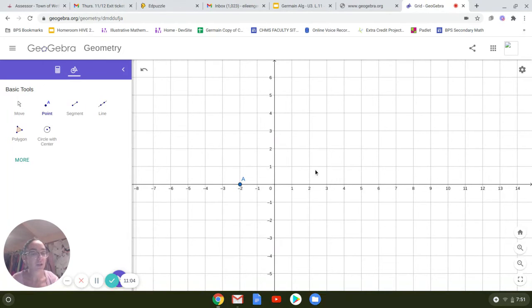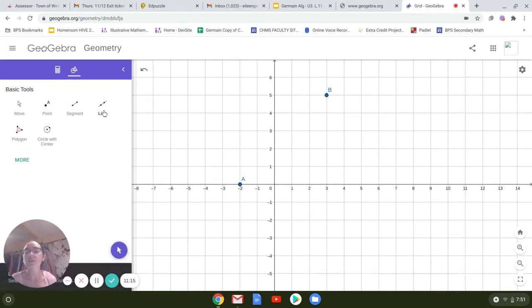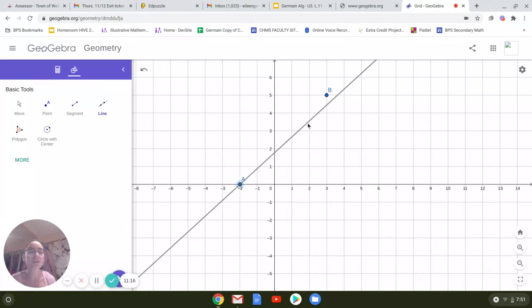And then you're going to plot your other point on here. I'm just going to throw it on here because I'm not going to tell you where the answer is, since I want you to try it. Then you're going to use this line button here and connect your 2 points.